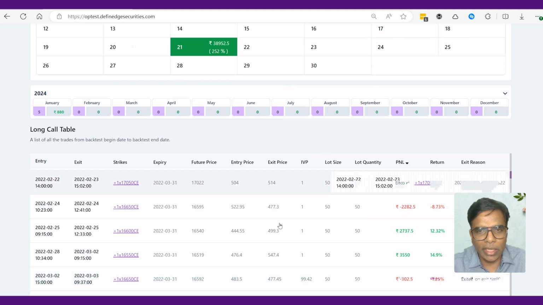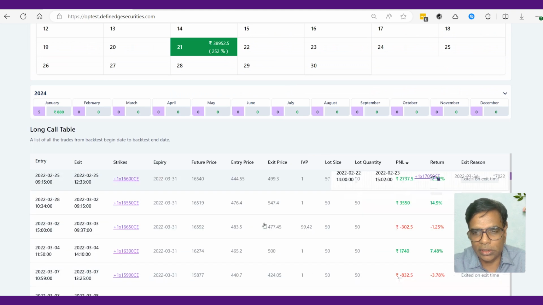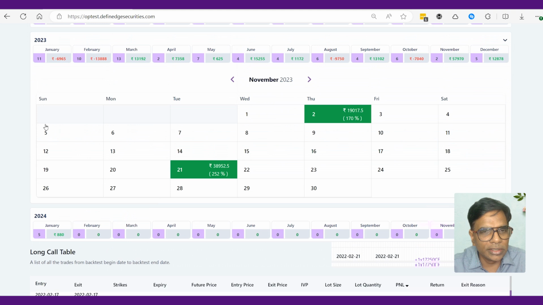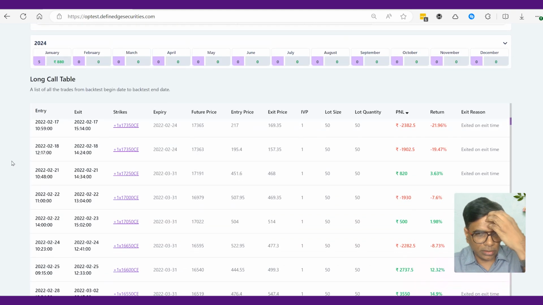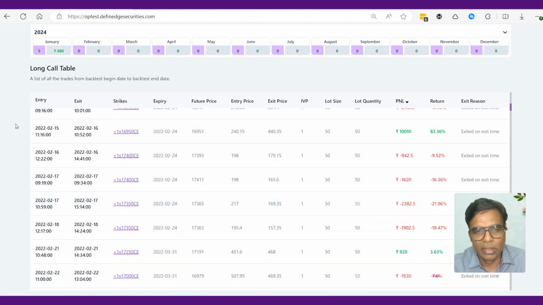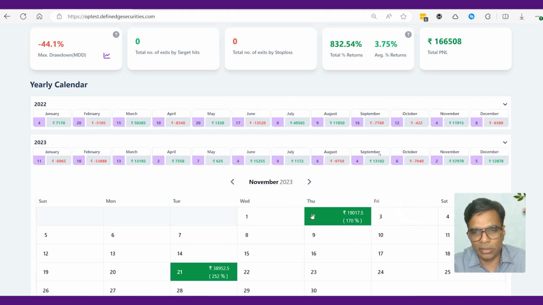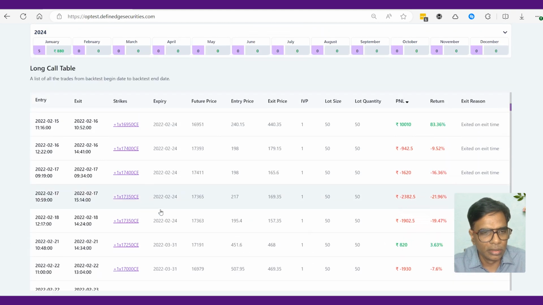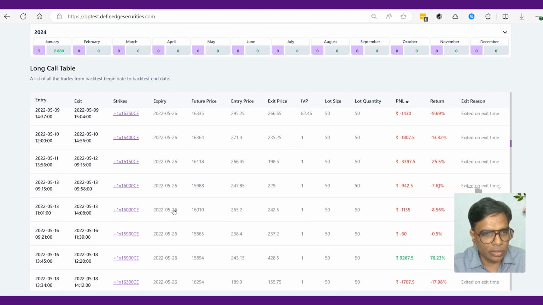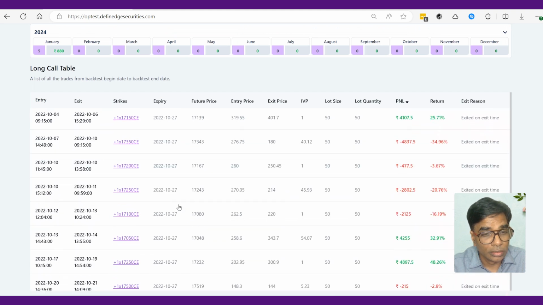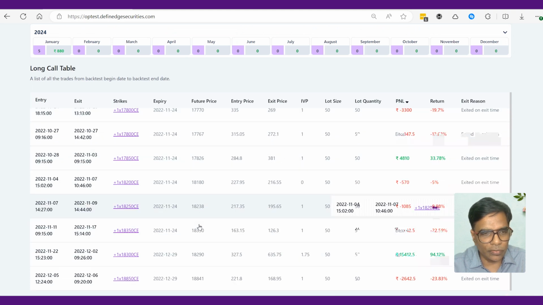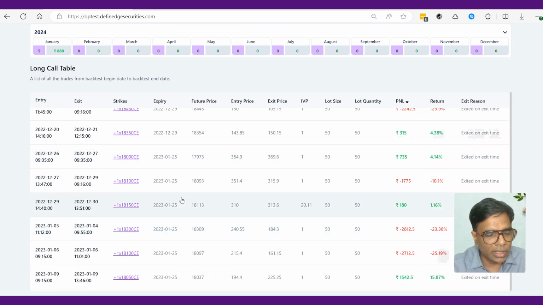Now, you can look at each of these individual trades. So in November of 2023, let's look at Thursday, 2nd of November, and see how the trade worked out. This list gives all the trades that are there in the backtesting.